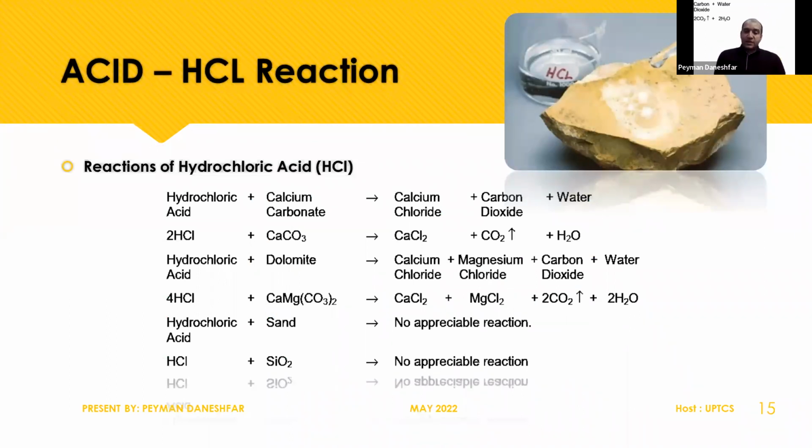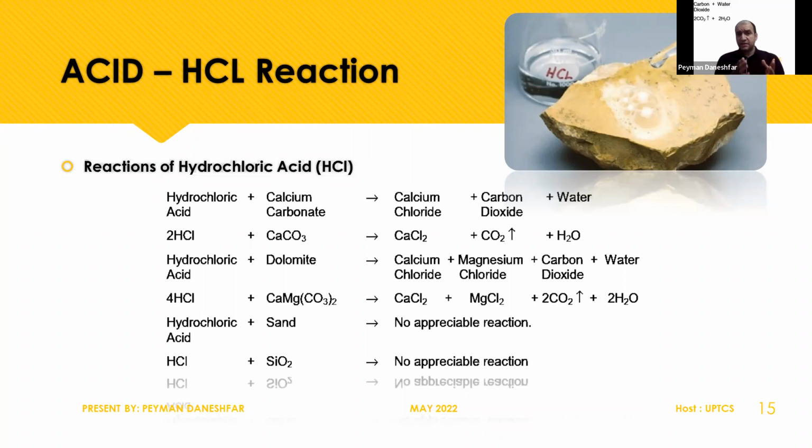Here, we should know about the acid and HCl reaction. You know why? Because if we want to calculate the volume of the acid we need to acidize the well, we should know about the HCl reaction formula with the formations, like calcium carbonate or dolomite or sandstone.